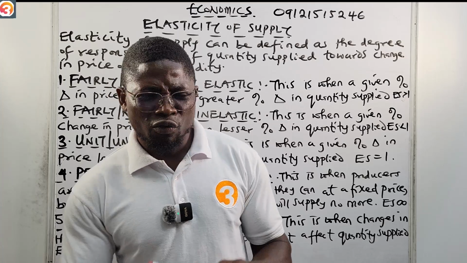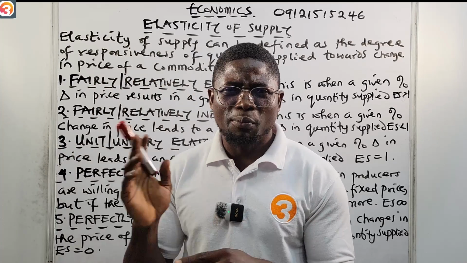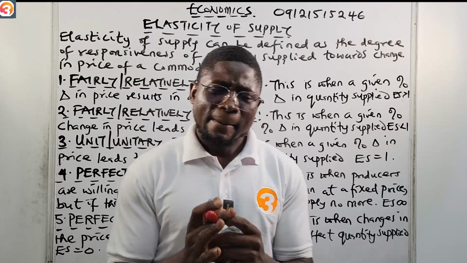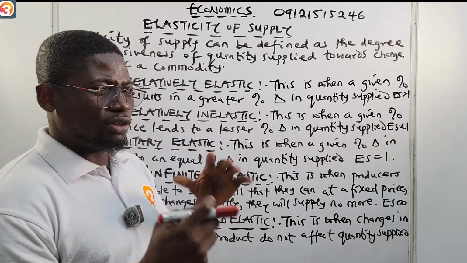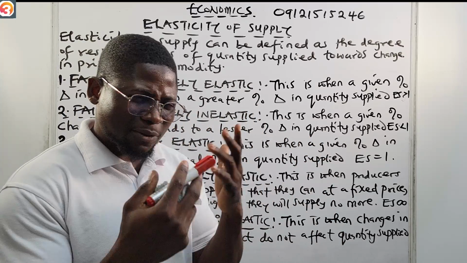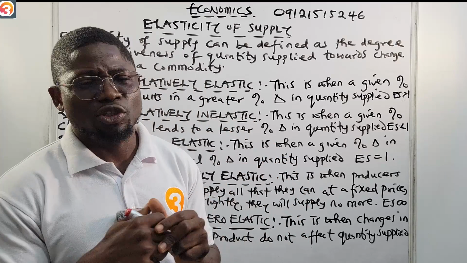We've not talked about how high the price is, how high the quantity supplied was. We did not attach any value to them, but we only just stated those terms. But in this class, elasticity of supply will enable us to know the degree of responsiveness or that change in price and the quantity that is supplied.